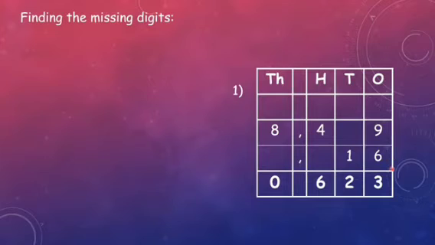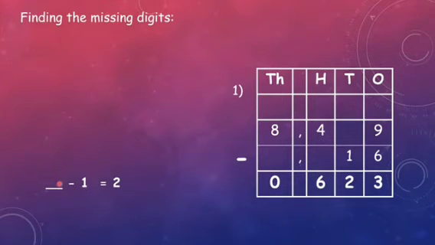9 minus 6 is 3. This is a known thing, correct? No problem there. Now I have to have a number which gives me 2 if I subtract 1 from it. So the actual equation is, the dash, this number, minus 1 is equal to 2. A simple way is, you just add these two numbers.